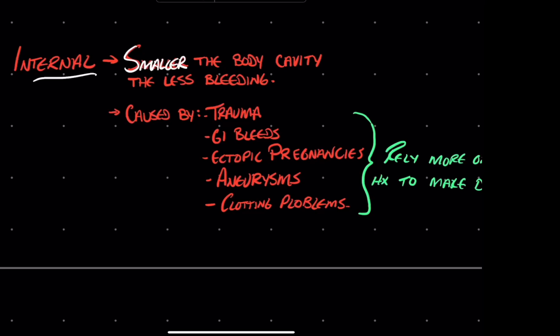Aneurysms we talked quite a bit about last unit, but again, you're looking at your dissecting aneurysms, AAAs, aortic aneurysms, stuff like that. And finally, I added in clotting problems. We talked about DIC, hemophilia. So you have these patients that might have chronic conditions, but they might not have any overt or obvious traumatic injuries.